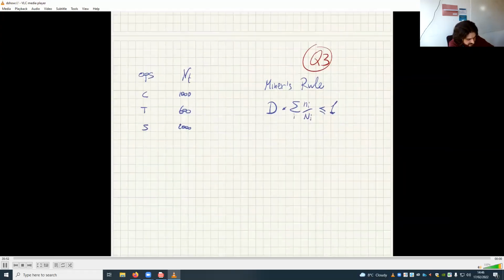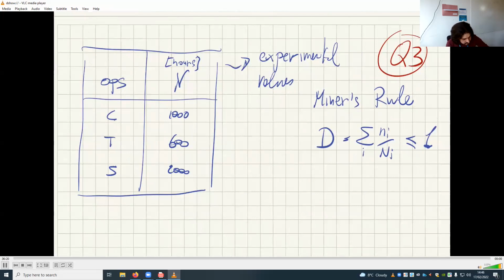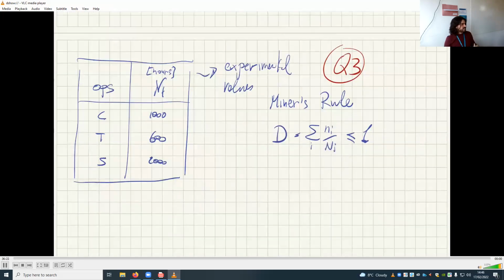So this is our Wöhler curve. These are experimental values. And this is type, this is hours. Always put the units. This is NF, not NT, which is basically the cycles to failure, which is not in cycles anymore, it's in hours.